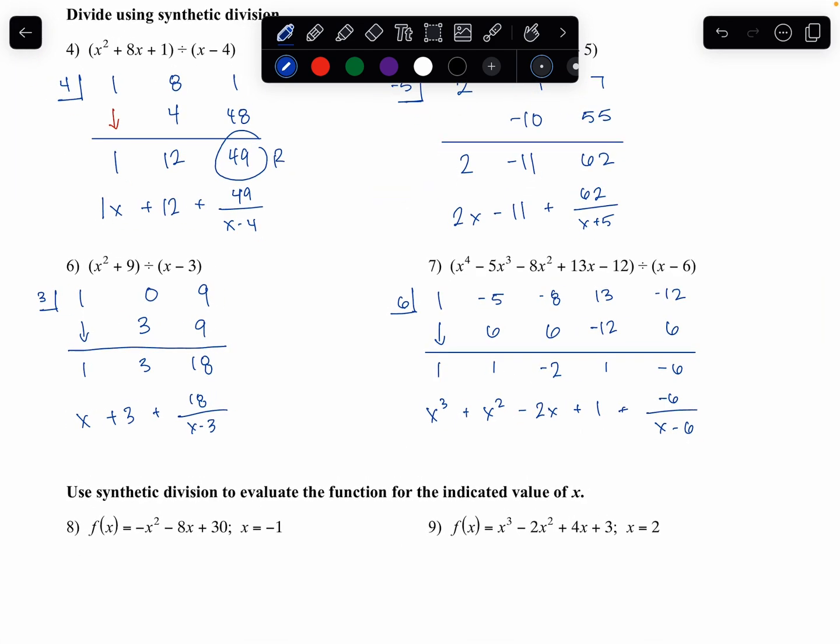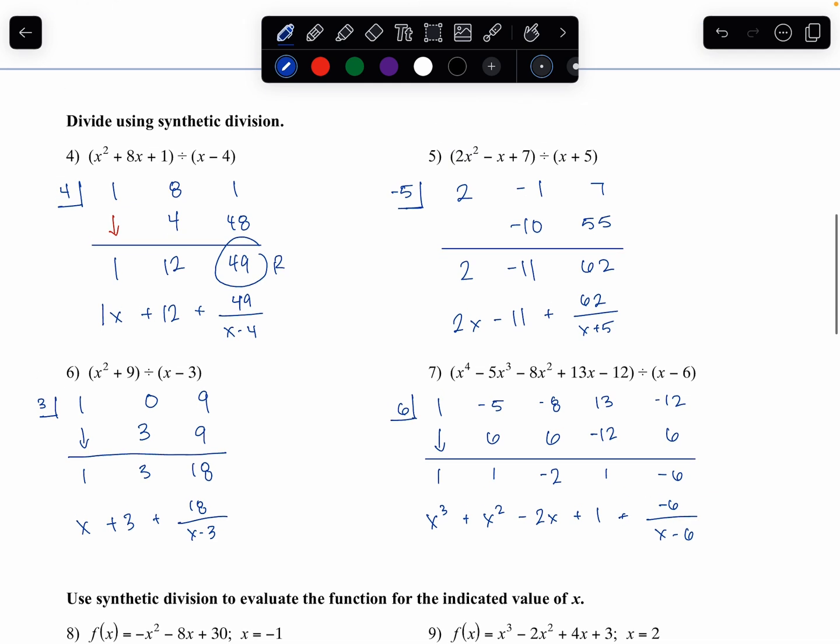Okay. I think that should be good right there. Let me just look over the work that I did for these other ones, make sure that I didn't make any mistakes. Okay, I think we're looking pretty good.